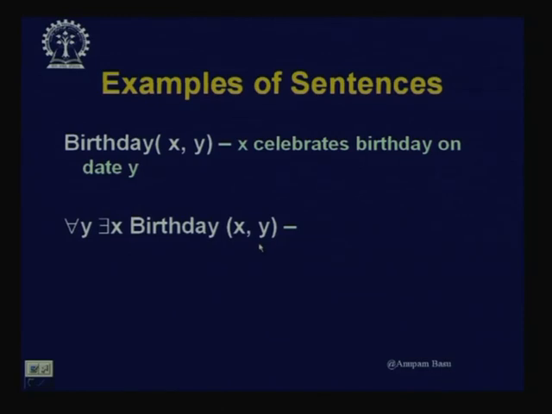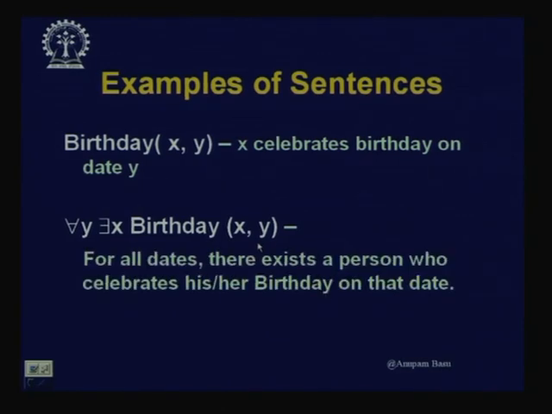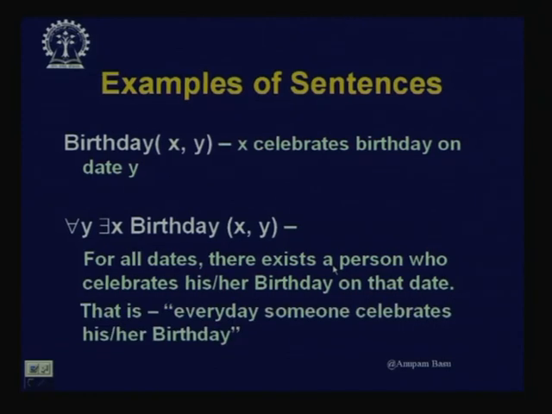Now, if I express this in English, then it would mean that for all dates there exists a person who celebrates his or her birthday on that date. Okay. That is, every day someone celebrates his or her birthday.